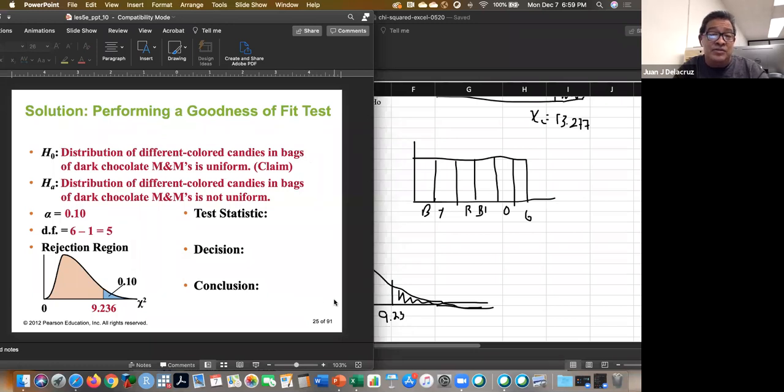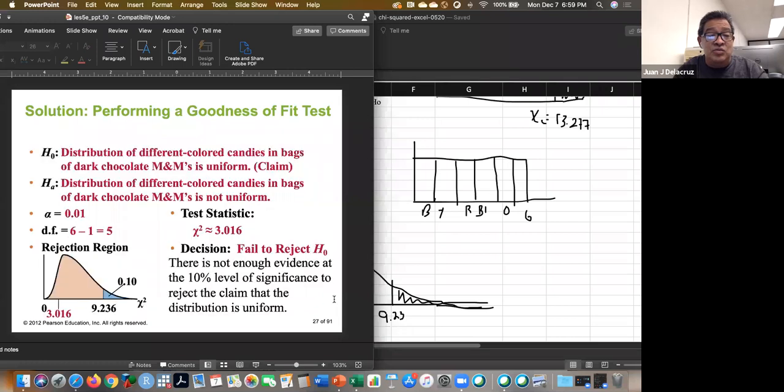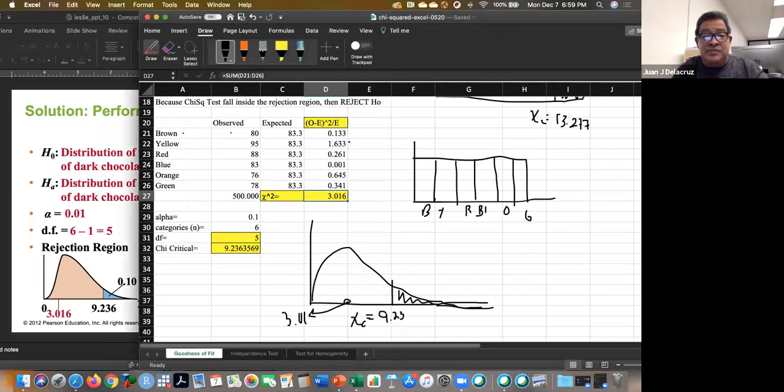So there is not enough evidence at the 10% level of significance to reject the claim that the distribution is uniform. So in this case, once again, this is the test statistic. This is the alpha. So this is the level of significance.